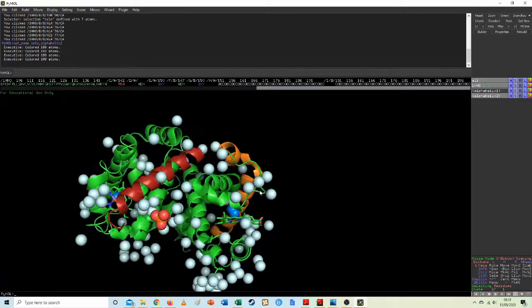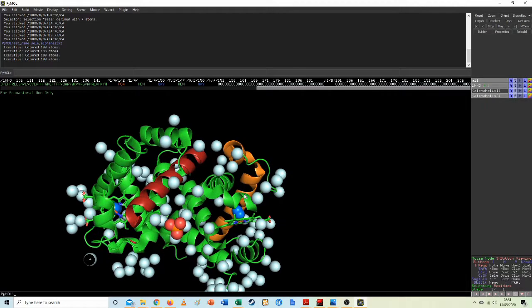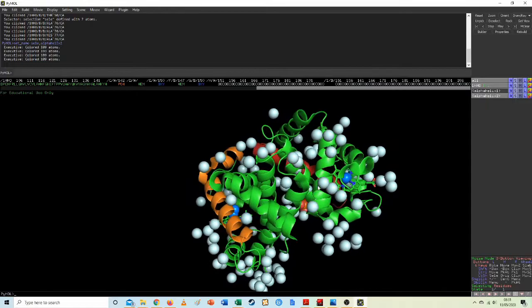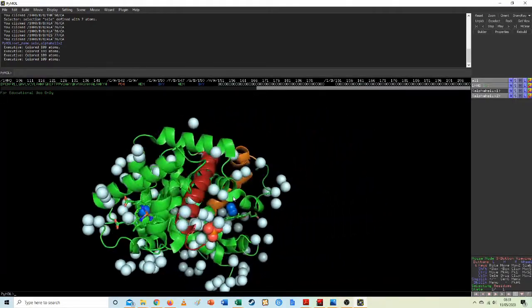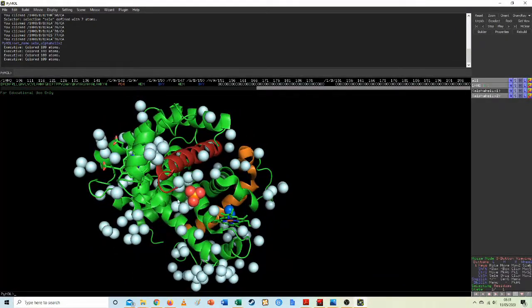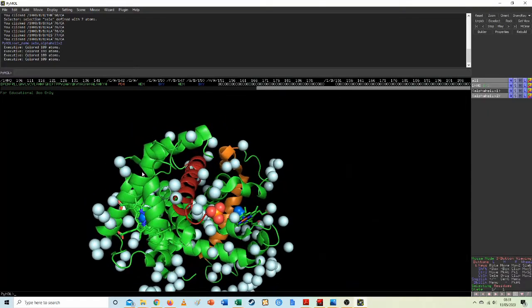So you can see that this part of a hemoglobin molecule is just surrounded and interspersed with water molecules, and that helps all of this form the shape that it's in.